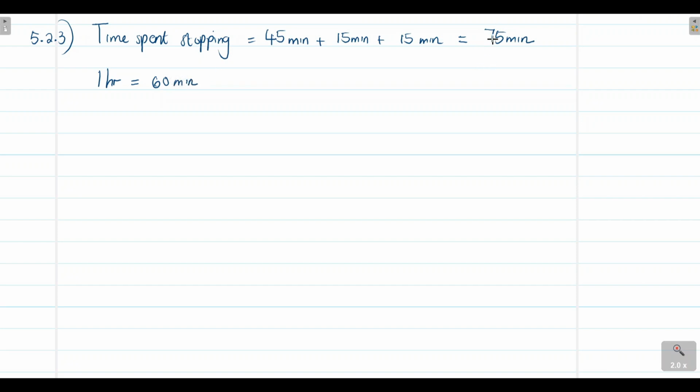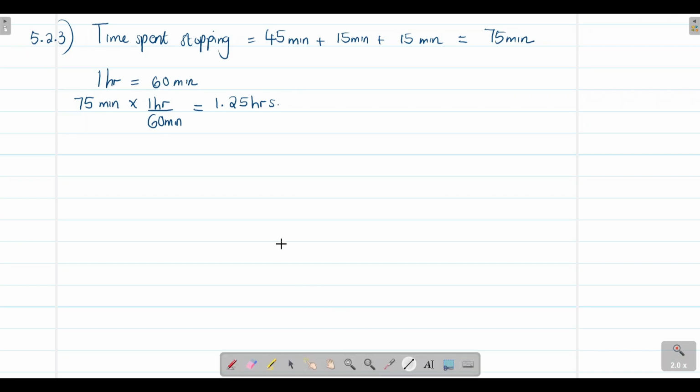So to convert these 75 minutes into hours, you multiply by what we want, which is our units in hours, divided by what we have, which is the units in minutes. If you punch that into your calculator, you'll find that 75 minutes in hours is equal to 1.25 hours. So he spent 1.25 hours stopping.